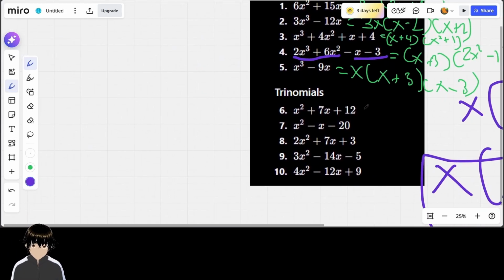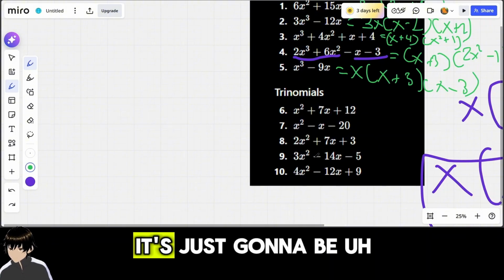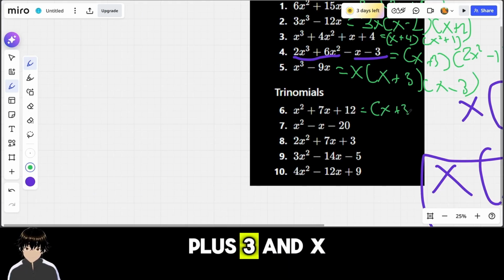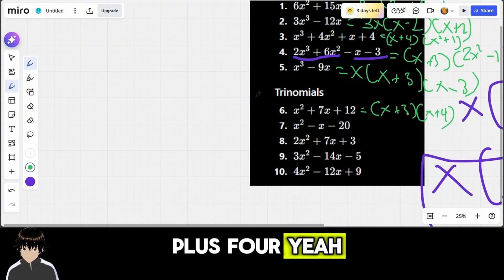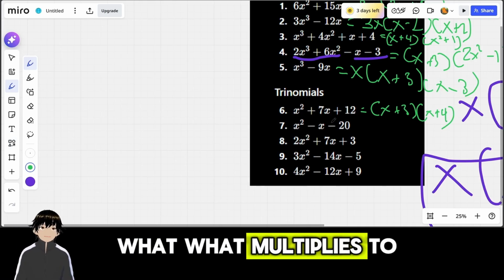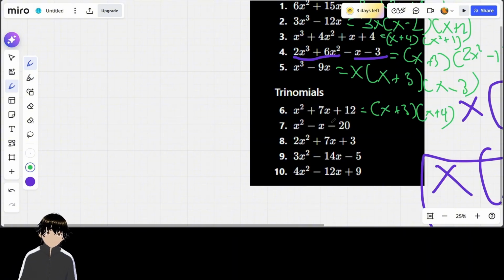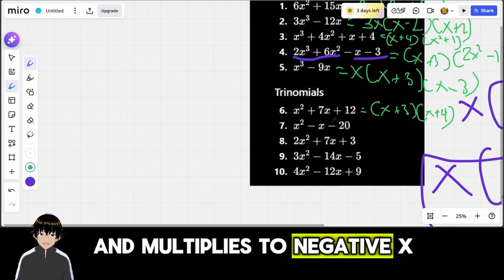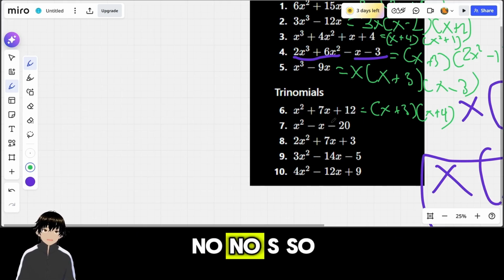It's just gonna be x plus 3, x plus 4. Yeah. So what multiplies to negative 20 and adds to negative x?